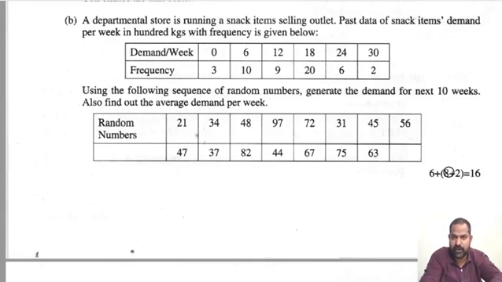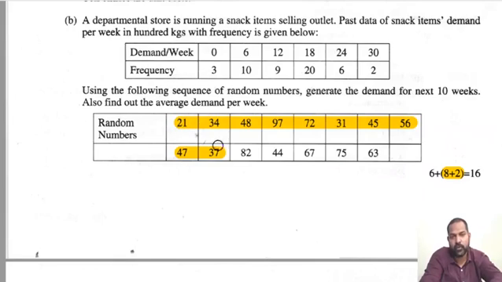If you notice here, they have divided it into two parts, 8 and 2, which is again 10 marks. Why the 8 and 2? Well, 8 marks for generating the demand for 10 weeks and 2 marks for the average. That is how the question is put out. And here if you notice again, 1, 2, 3, 4, 5, 6, 7, 8, and then 9, 10.